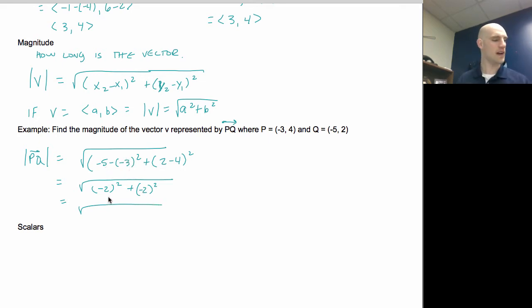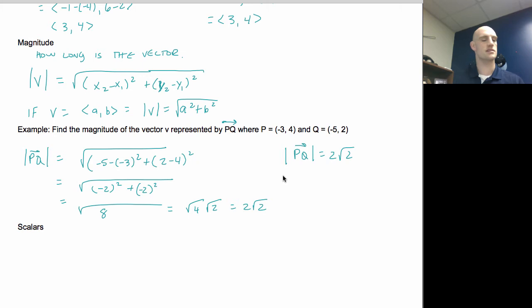And so when we figure this out, we've got the square root of, this is 4 plus 4, which is the square root of 8. And we need to simplify this. So I can pull out a square root of 4. Square root of 2 is equal to 2 square root 2. So my magnitude of PQ is equal to 2 square root 2.